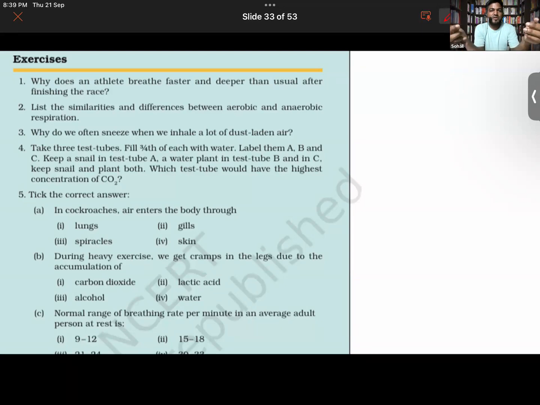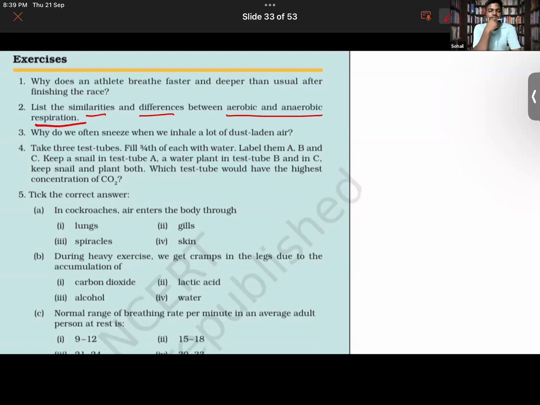In order to generate more energy in the cells, as you said, the person needs to take in more oxygen to speed up the process of respiration. Also, after heavy exercise, a person feels a bit hungry. That is the answer. Next, Chakrika, you mention the similarities and differences between aerobic and anaerobic respiration.